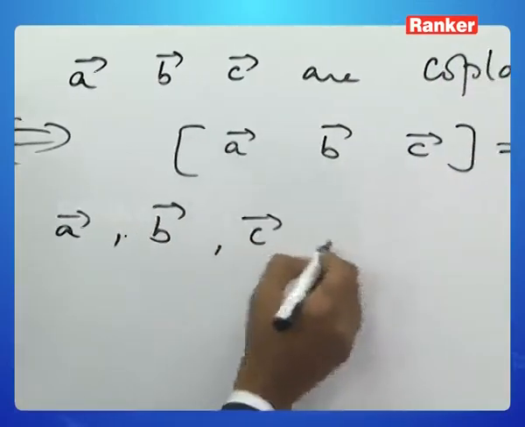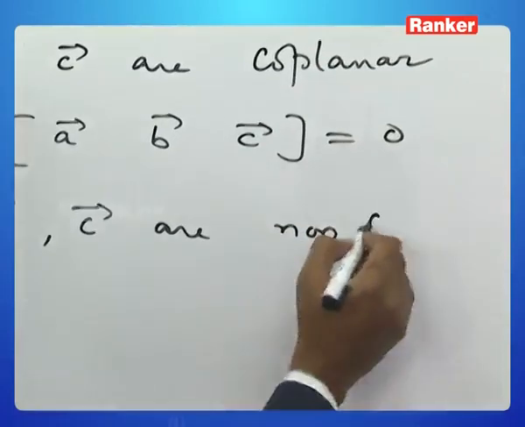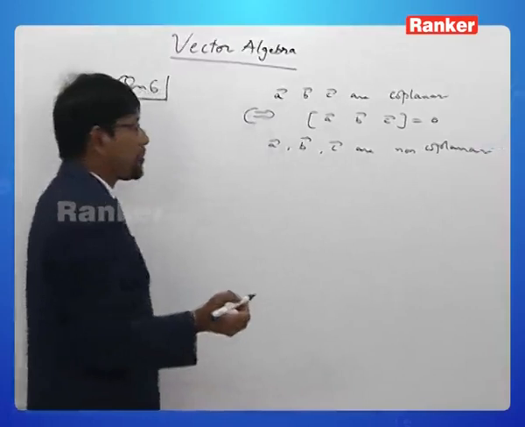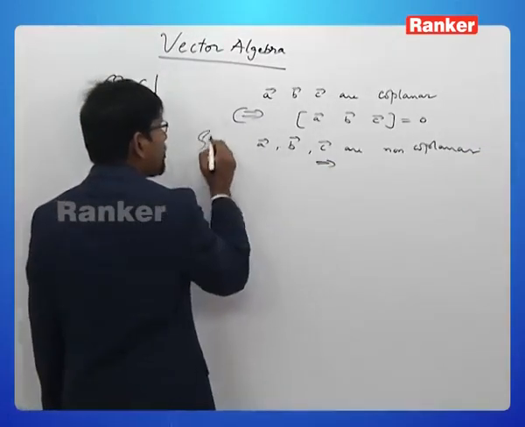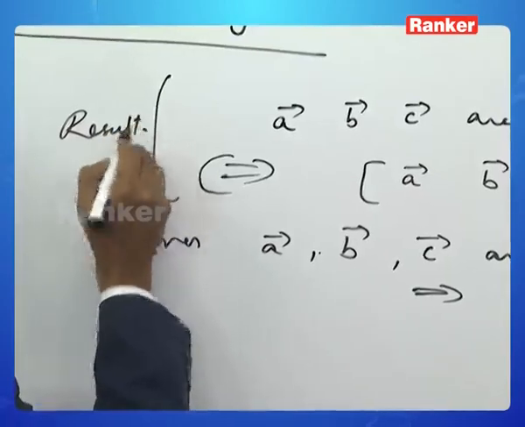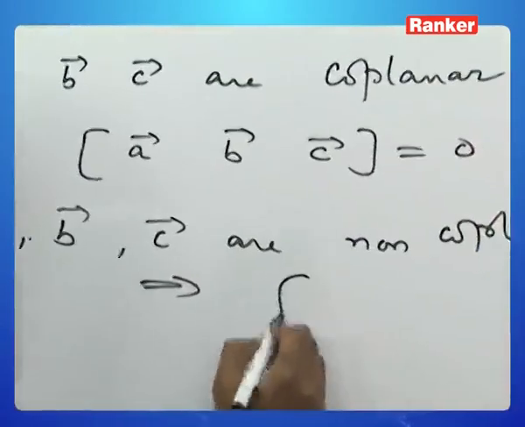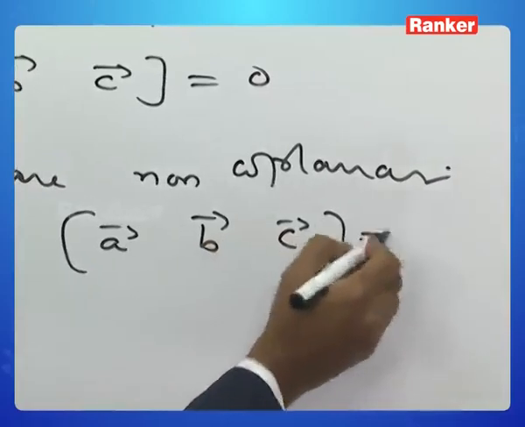So therefore this is given. This is a result that I have stated here. So since a bar, b bar, c bar are non-coplanar, we can say that the box product of a bar, b bar, c bar will be non-zero.